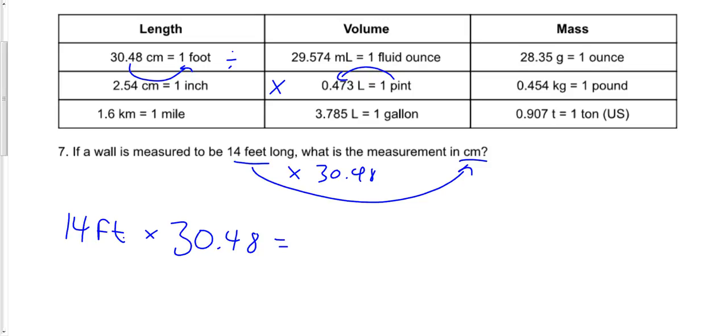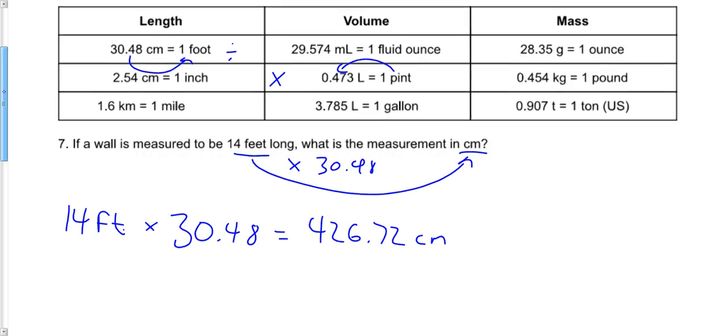So very quickly, if I do 14 times 30.48, it's going to give me 426.72 centimeters. You want to always include the units at the end.